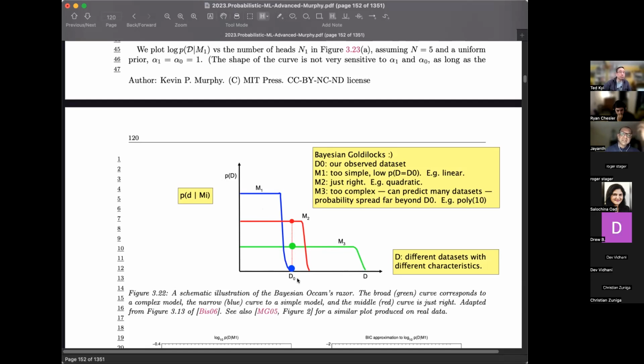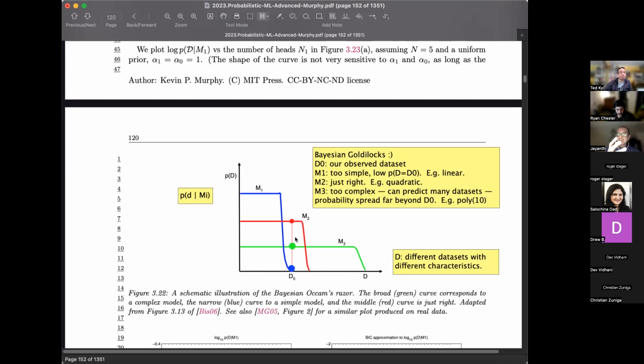It can handle this data set D0, it can handle even more complex data sets. So you're kind of leaking some of this capacity into these other data sets, and you lose out from what you could have gained by using this model M2.